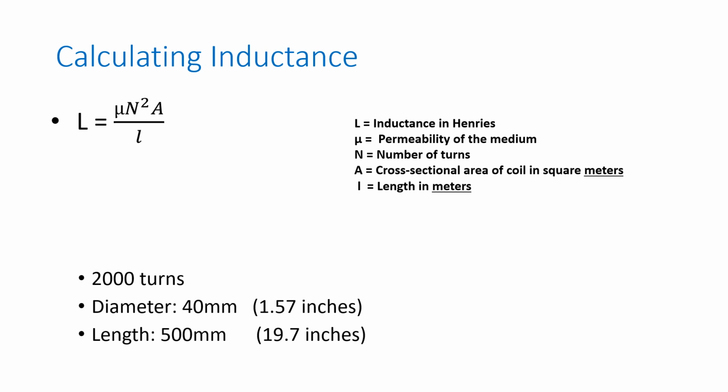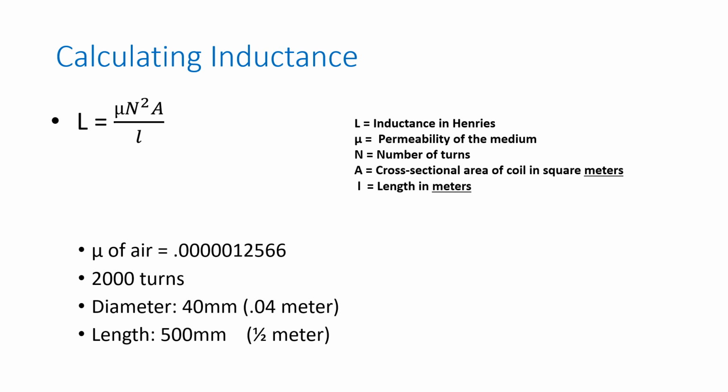But let's just take a look at this. How would you do this math? Well, first of all, we have some decimal equivalents to convert things to meters, but there's a couple of problems. First of all, we have to go look up the permeability of air. So we plug that into the formula.